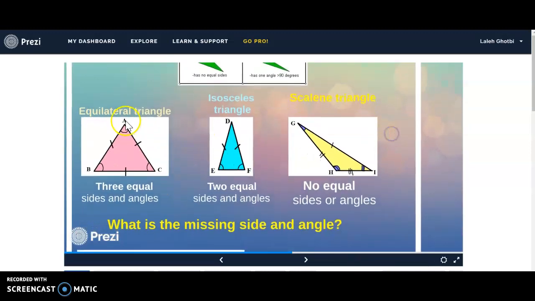Okay. If I know that equilateral triangles have 3 equal sides, and I give you one of the sides and put a question mark for the rest of them, do you think you can solve for those? Of course you can. If you know one, you know the rest of them are the exact same length, right? Same for isosceles triangles.